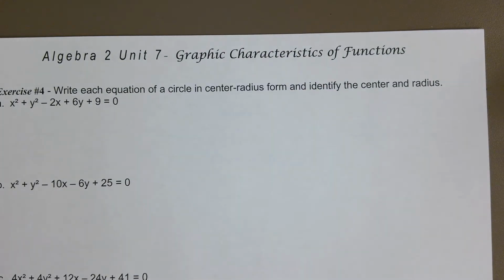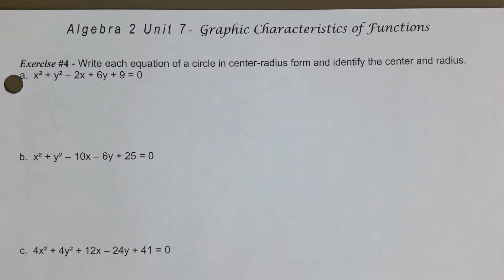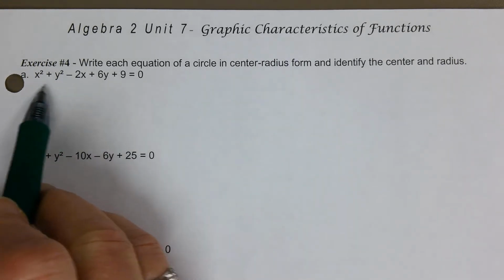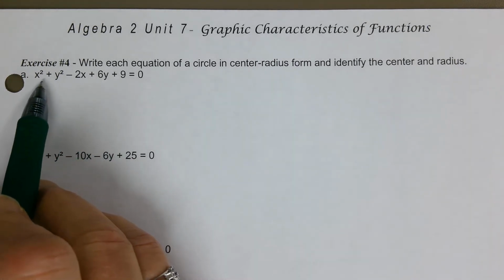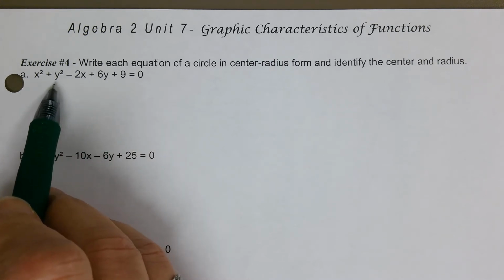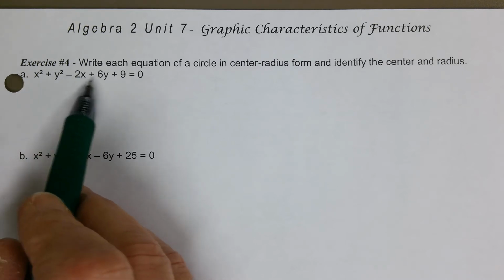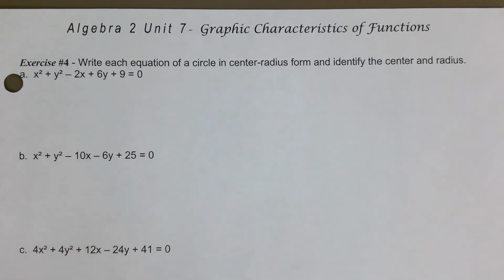Next, exercise number 4. Write each equation of a circle in center radius form and identify the center and radius. Okay, so this is where we have the equation of a circle in what we call standard form, right, where our exponents go in descending order. We've got our x squared, then our y squared, then our x term and our y term, and our constant.